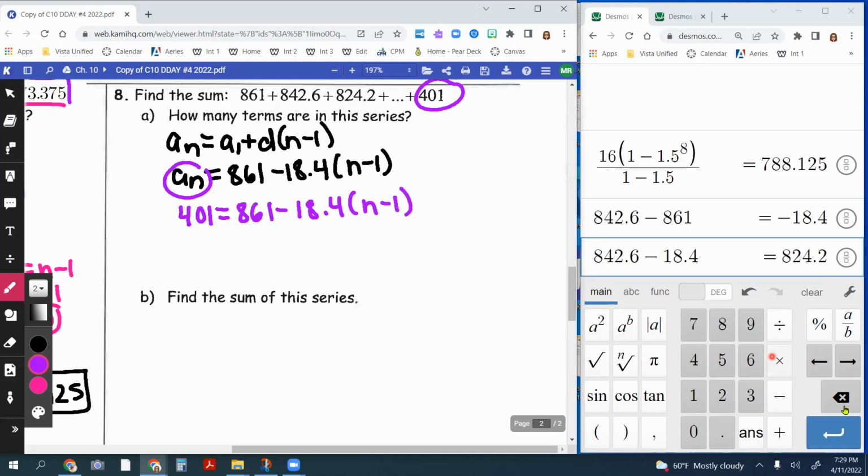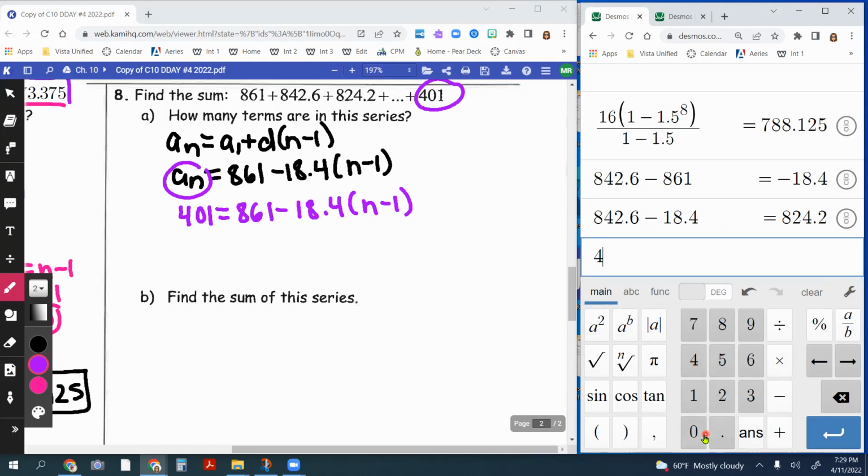So I am going to take 401 and subtract 861 from both sides. So I'm going to get a negative 460 is equal to negative 18.4 times n minus 1.